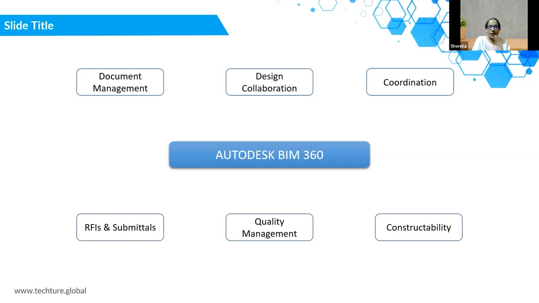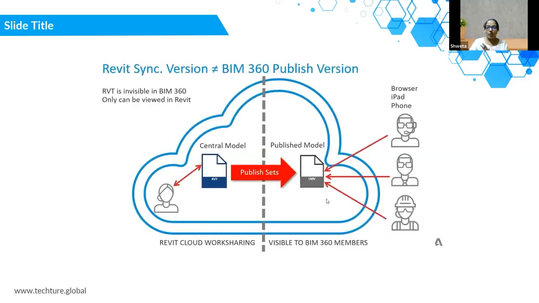I'm not getting into too many technical terms, but I'm giving you a brief of Autodesk BIM 360, because nowadays there is very little chance that a BIM project is not on BIM 360. Eventually, it does come on BIM 360. So it's very important for you to know this cloud-based service.